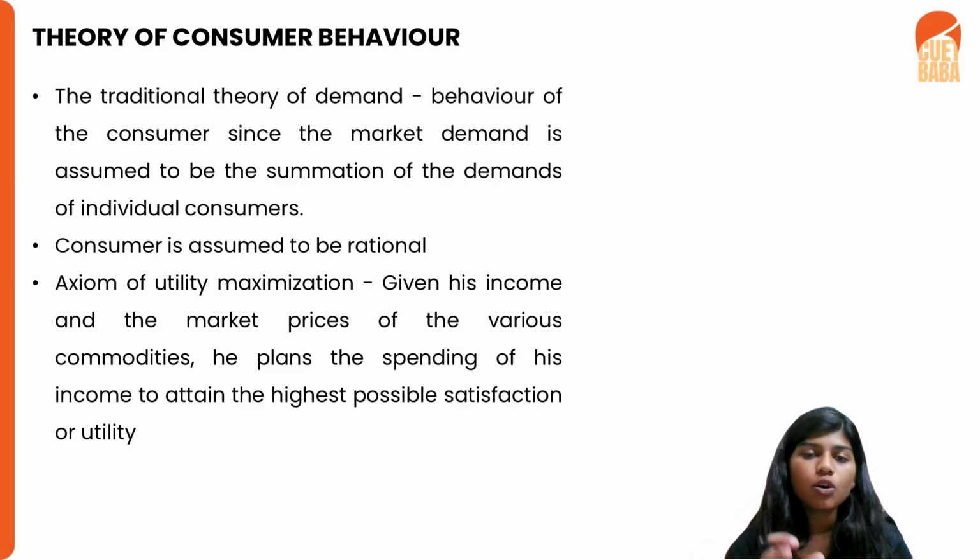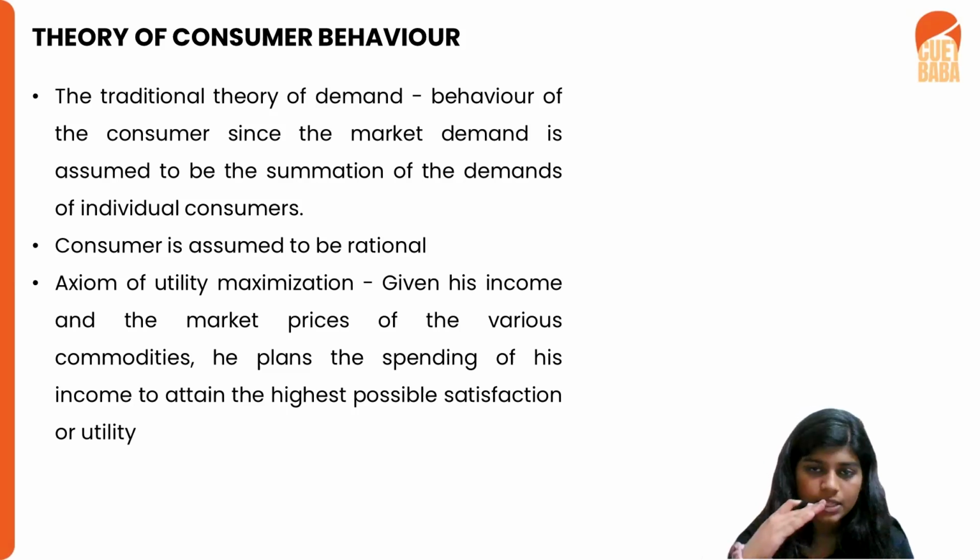There we can also see the axiom of utility maximization, which states that given his income and market prices, his income plays a very important role. That would show the budget line, wherein if the estimated budget line is this much, or if your income is at this level, you cannot buy above that, right?